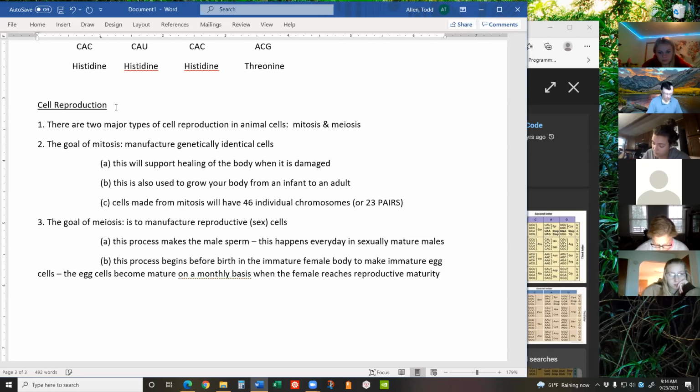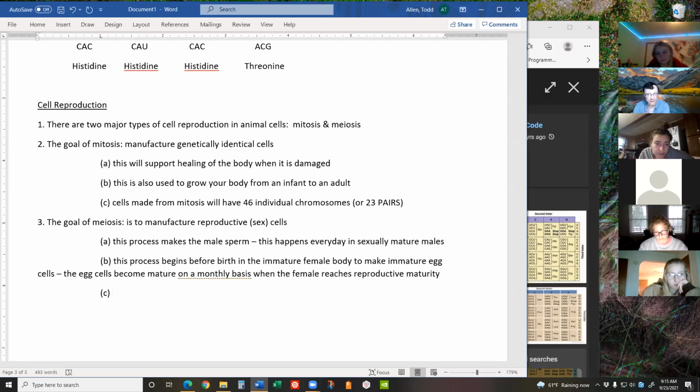Okay, so the whole goal, I know I'm almost out of time, the whole goal of meiosis is to produce the sex cells, the sperm and the egg. When meiosis has completed its job, the sex cells that have resulted will have half the number of chromosomes, 23 individual chromosomes, not 46.